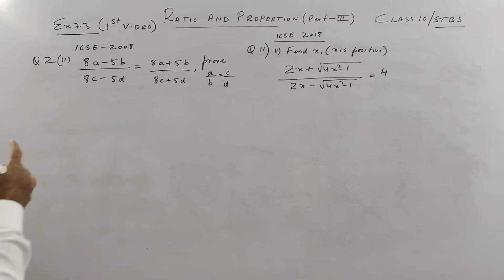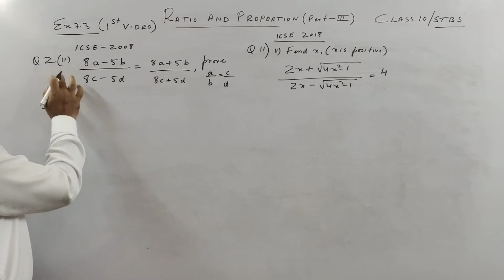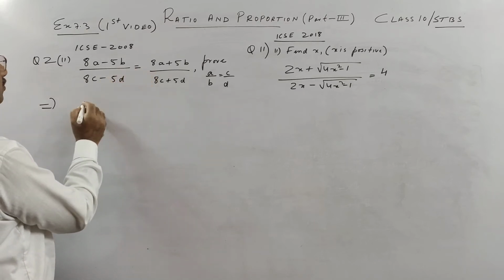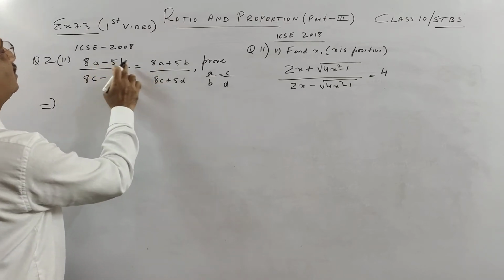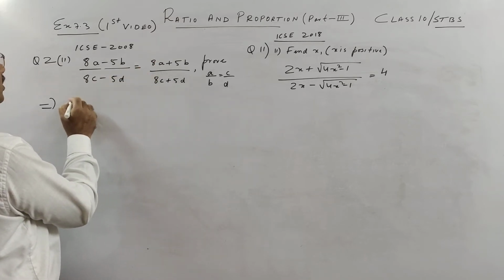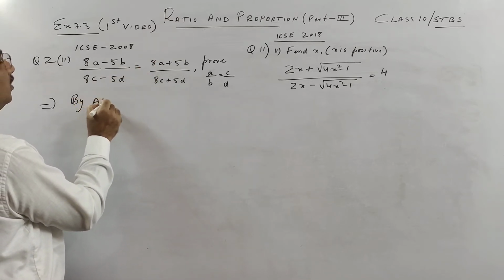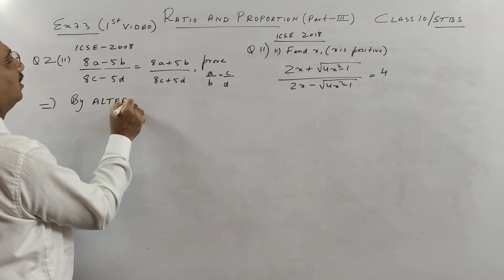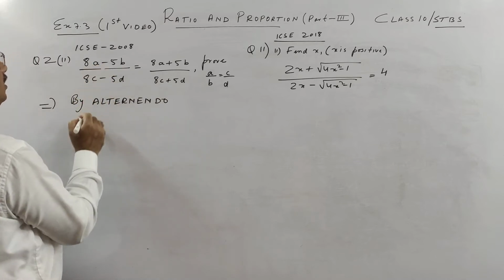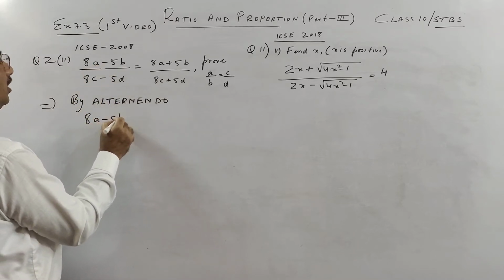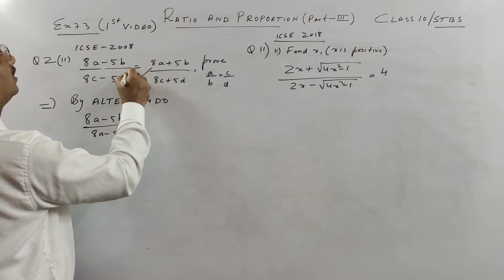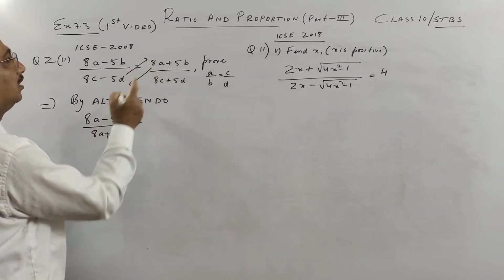So here we take part 2, which is ICSE 2008. So very first step, children, you see this is A by B and C by D. So A has to come here. So what we call, I taught you, alternando. First apply alternando, then what you will see, 8A plus 5B by 8A minus 5B. This interchanges, if you know, plus comes here.